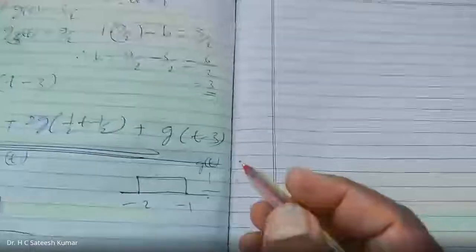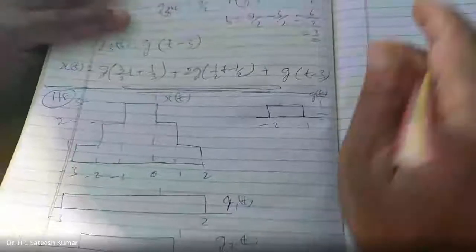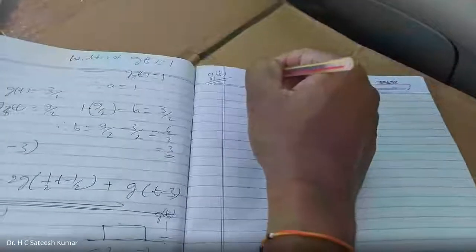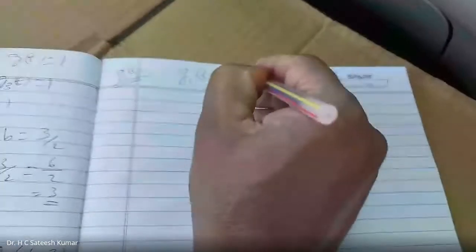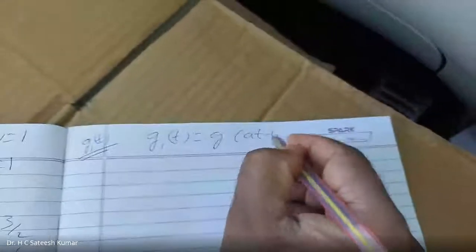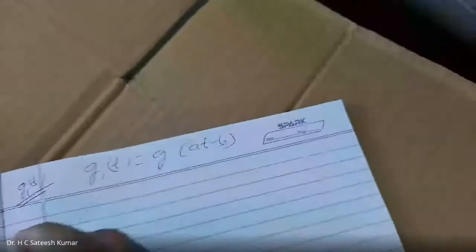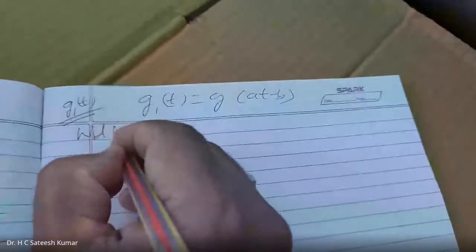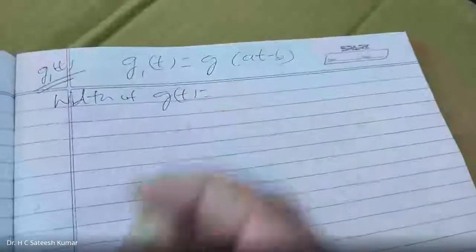Okay, right. So now, what is to do? G1 of t. So g1 of t can be represented as g of at minus b. Okay, right. So now first you go for the width. Width of g of t: -2 to -1 means 1.